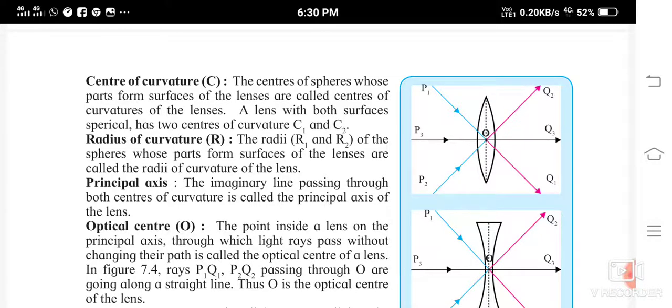Now, the radii, okay, the radii of curvature are also 2. So, the radii R1 and R2, two spheres are there. So, there have to be 2 radii, okay. So, the radii R1 and R2 of the spheres whose parts form surfaces of the lenses are called the radii of curvature of the lens.